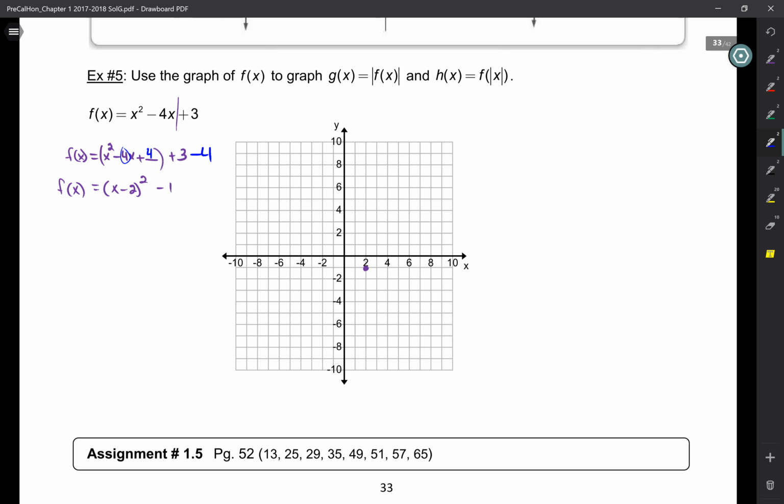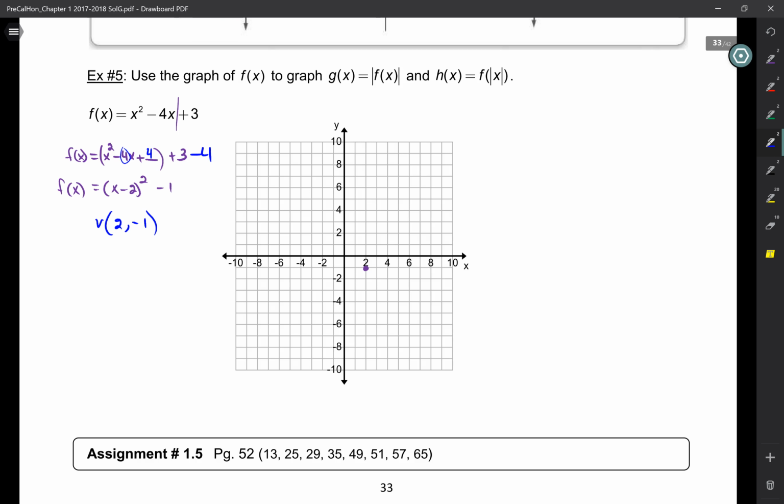We're going to go over this later, but you can just add in a 4, or whatever number it would be, and then you have to subtract from here. How did you guys forget this from last time? Okay, so then you factor it: x minus 2 squared minus 1. So the vertex is 2 and minus 1.